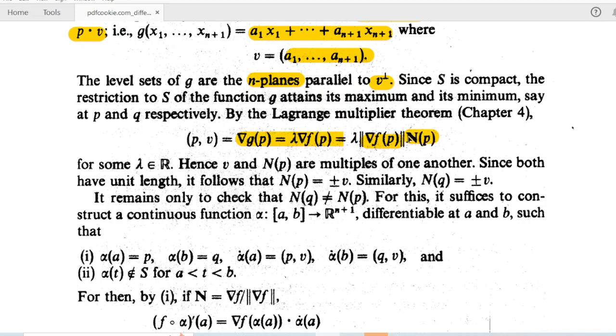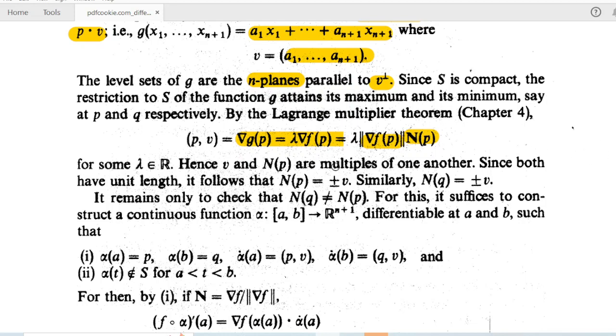So if we look here, we will be getting two coordinates on the right side. No, actually, this is equal to (P, lambda norm of nabla F of P capital N of P). Okay.